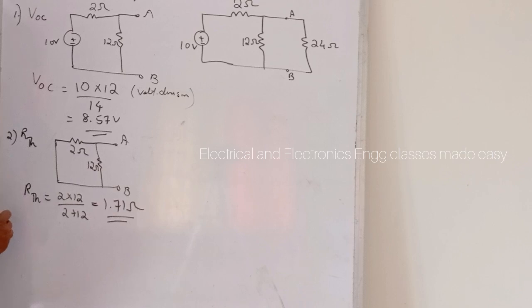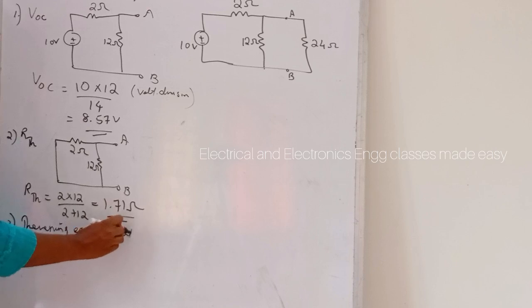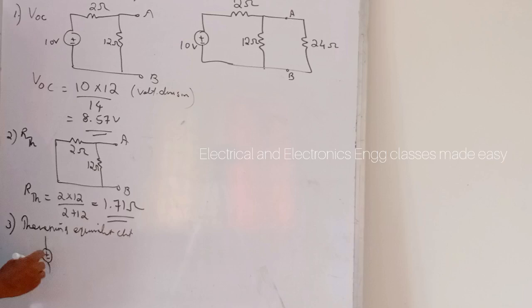In the next step, we can draw the equivalent Thevenin's circuit diagram. The Thevenin's equivalent circuit is VOC, 8.57 volt, in series with RTH, 1.71 ohm.